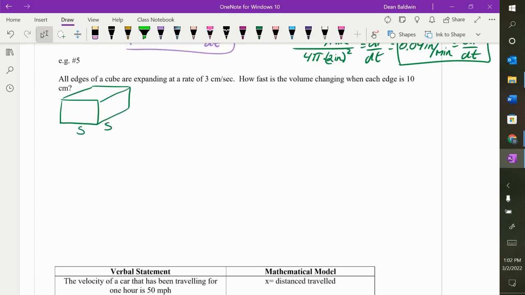I'm just going to use S for all the sides, even though it looks more like an elongated rectangle. What's the formula for volume of a cube? Yeah, but they're all the same, so it's S cubed, not S squared. All right. Go. Do it.